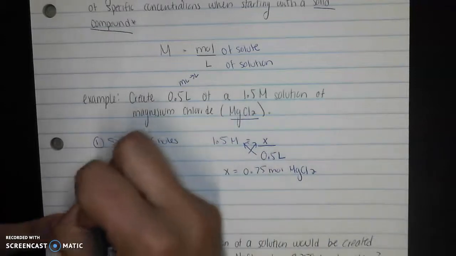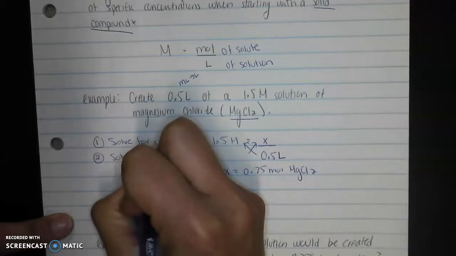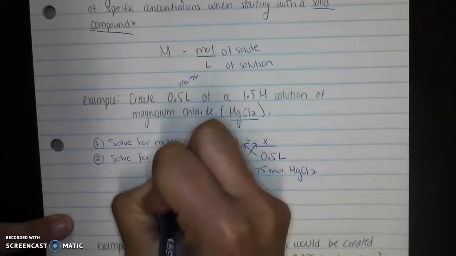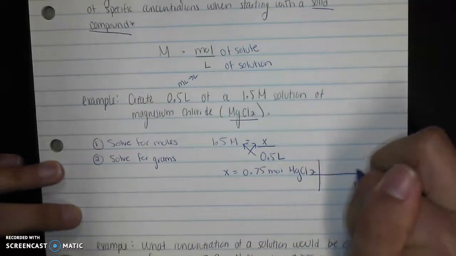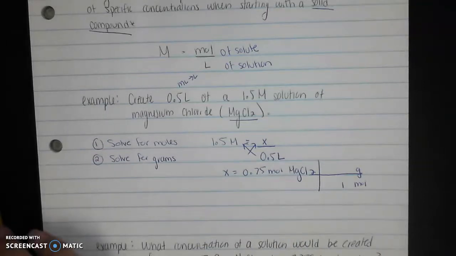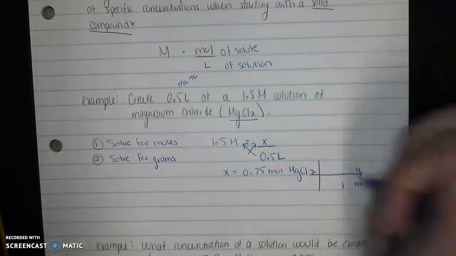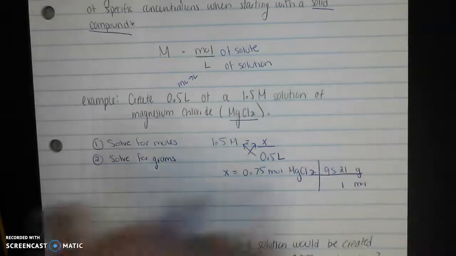My second step is going to be to solve for grams. I use my railroad tracks, my conversions, to go from moles to grams. I go to the periodic table and add up the molar mass of 1 magnesium and 2 chlorides. I get a molar mass of 95.21.